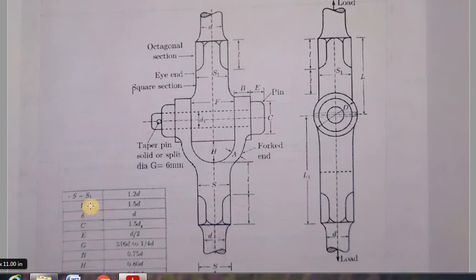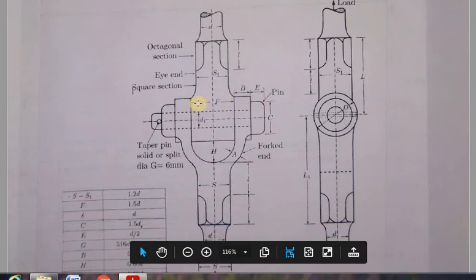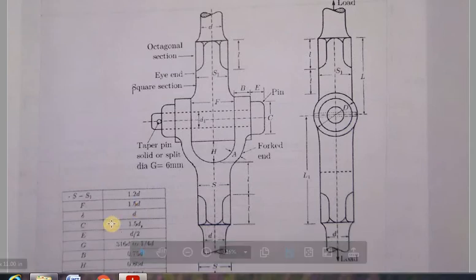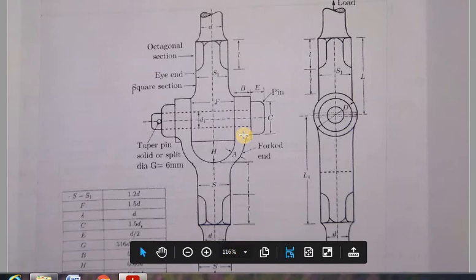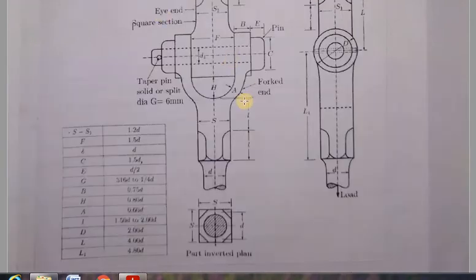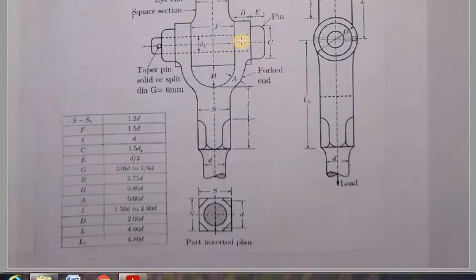Here you can see F indicates the length, which is 1.5 times the diameter of the rod. Similarly, the proportions are given here. C is the diameter of the pinhead, and next we have the thickness of the eye, which is given by F. In the proportion table you can see how F is calculated: it is 1.5 times the diameter of the rod.